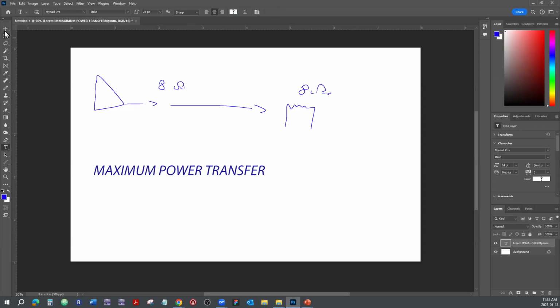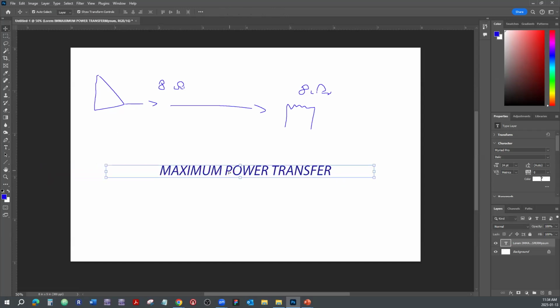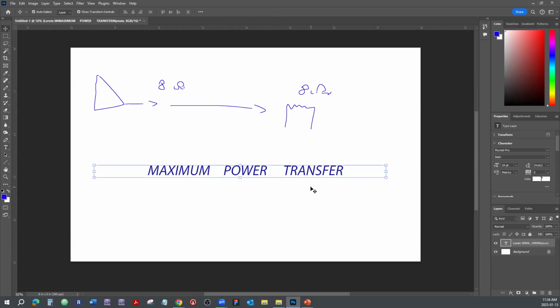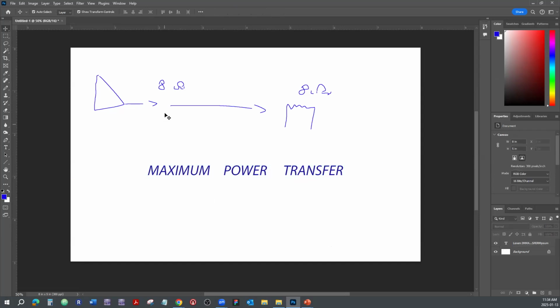The idea is called maximum power transfer. In order to achieve a maximum power transfer from the output of the amplifier to the load, we need to match the impedances.